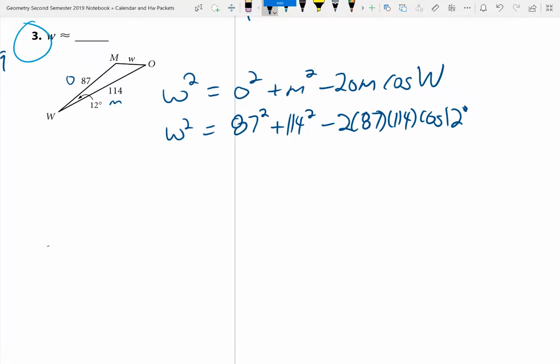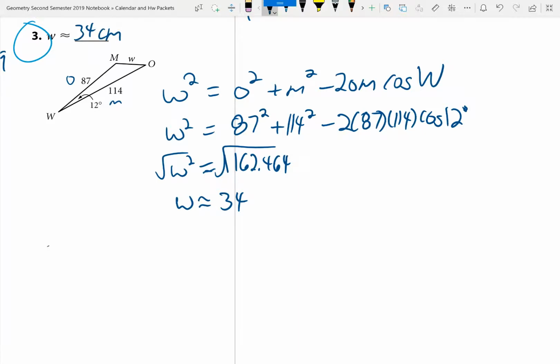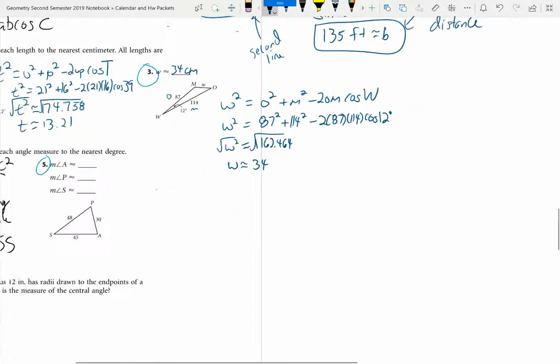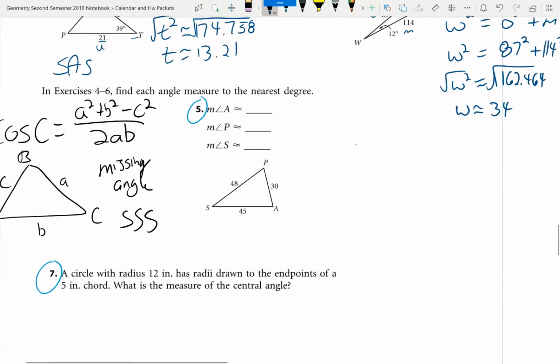That's going to be about 1,000. Square root both sides. That's going to be about 34. Okay, there's 3.